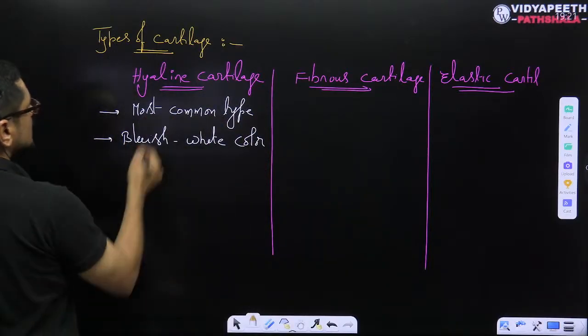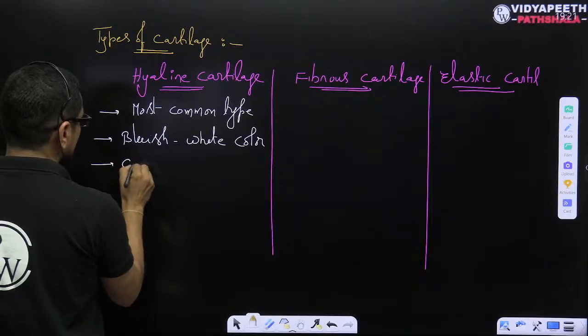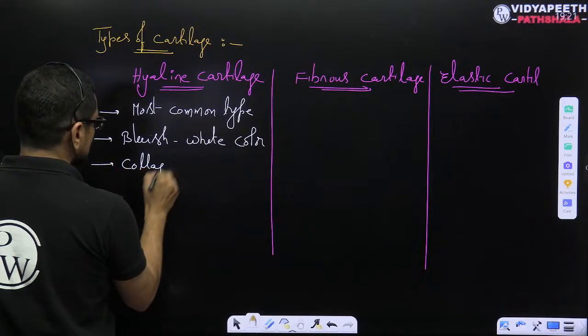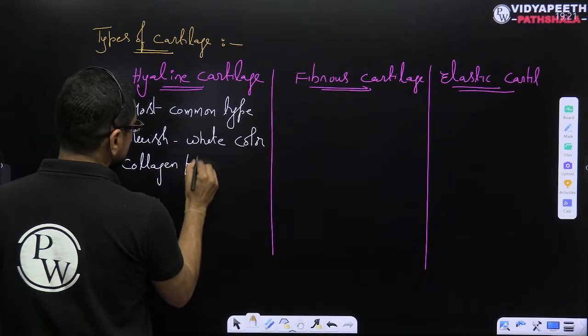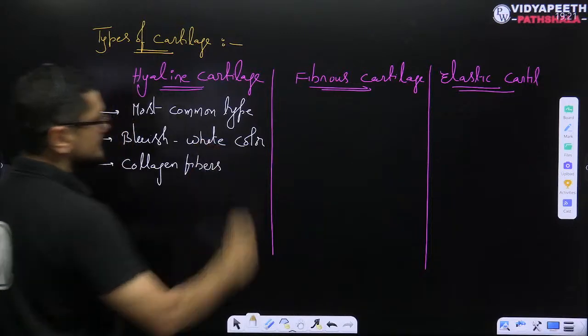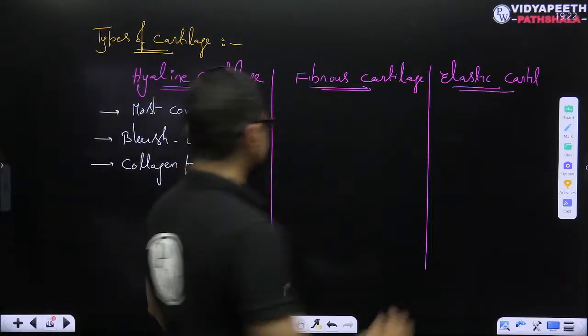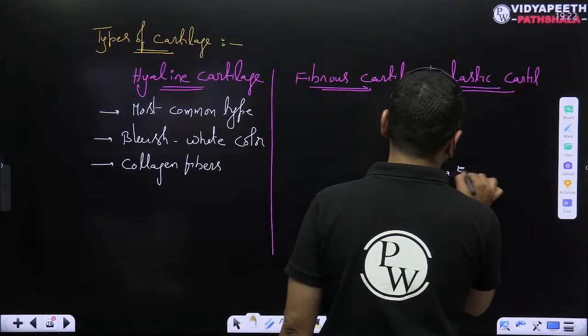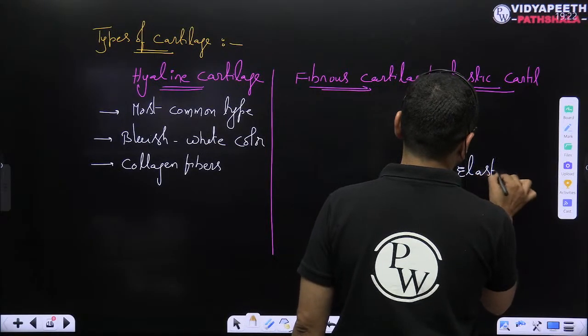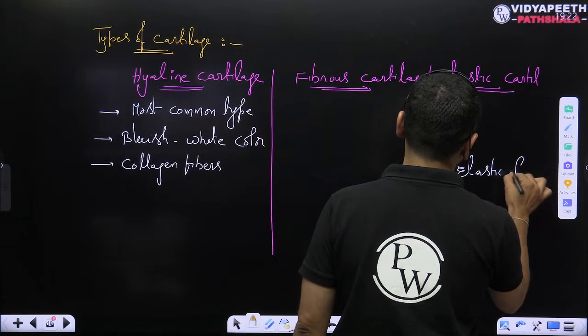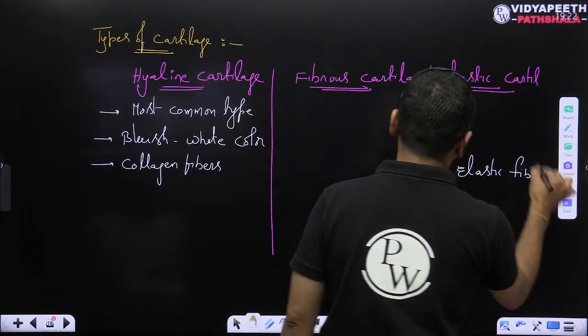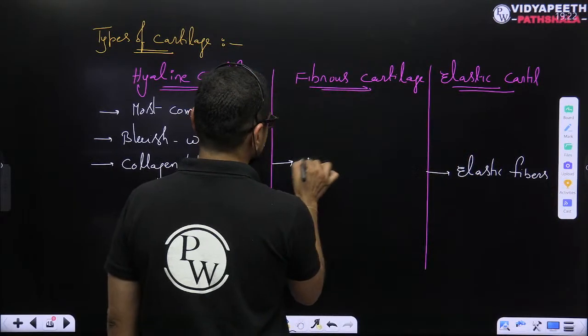What type of fibers are present here? Collagen fibers are present. Elastic cartilage, the name itself indicates that elastic fibers are present, and here in hyaline mostly collagen.